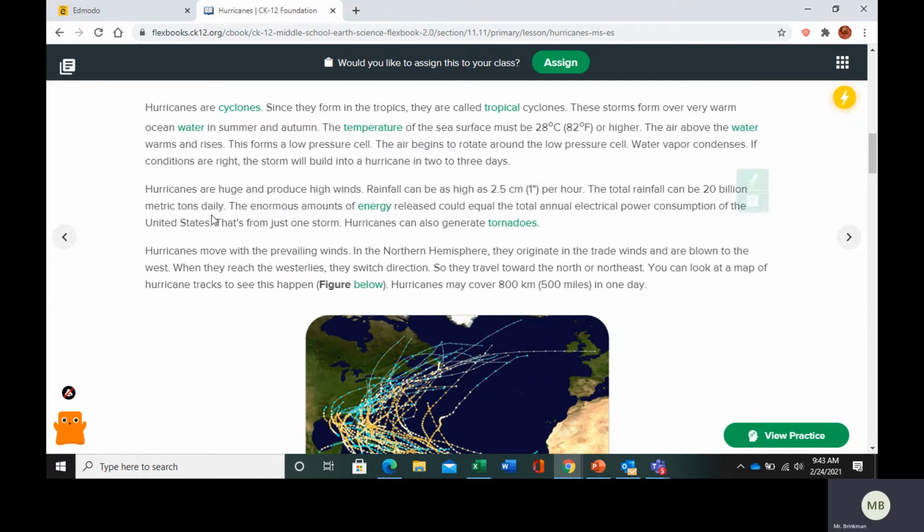So that's a lot of rain. A lot of energy is released in these storms, and it's equal to the annual electrical power consumption of the US. And this is just one storm. Hurricanes can also generate tornadoes.